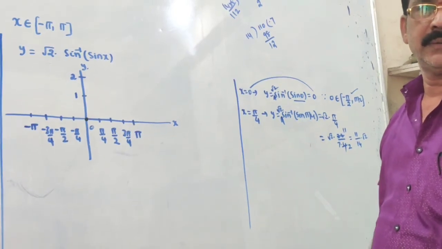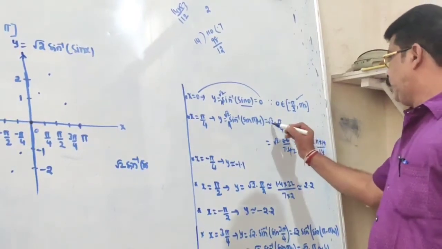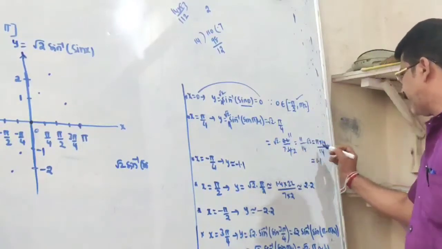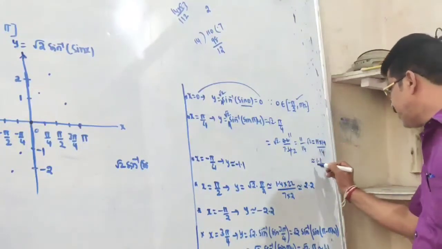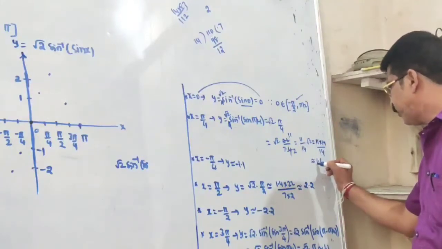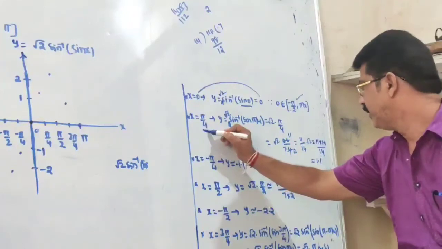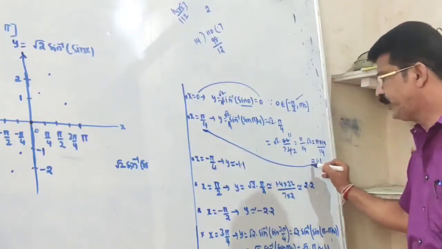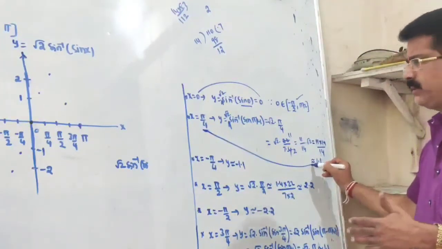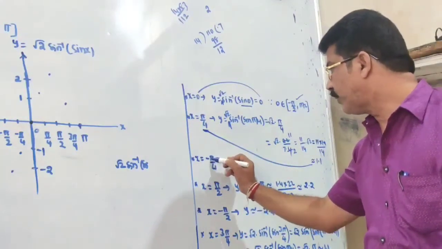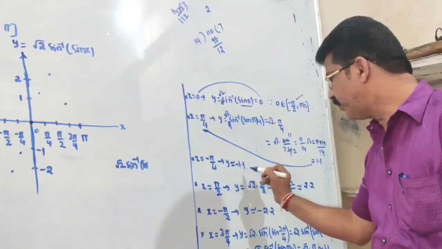Understand? After the simplification it is approximately equal to 1.1. So if x equal to pi by 4, then y is approximately 1.1. Similarly, x equal to minus pi by 4, for minus we are getting minus 1.1.